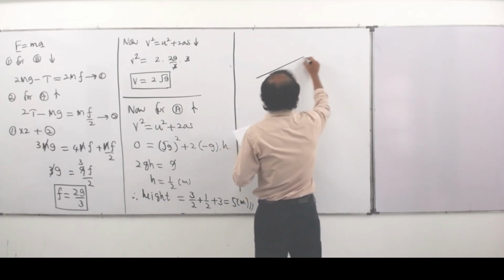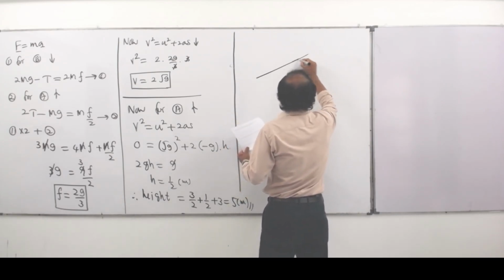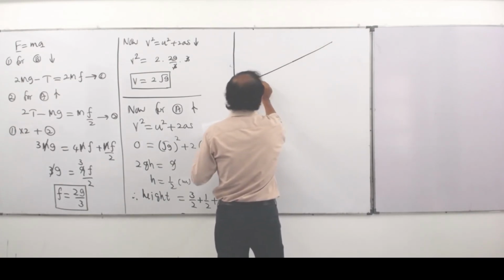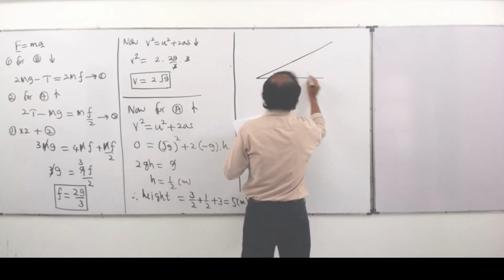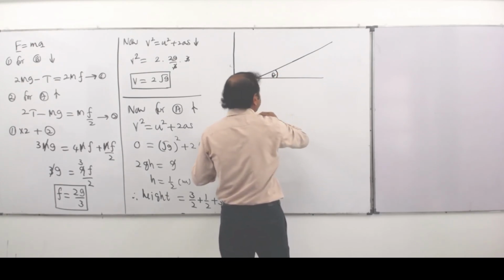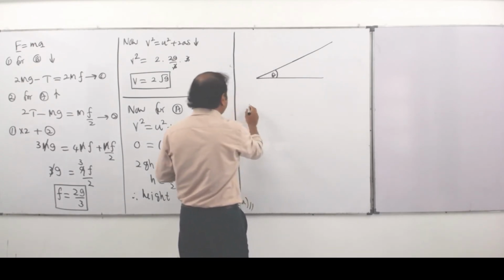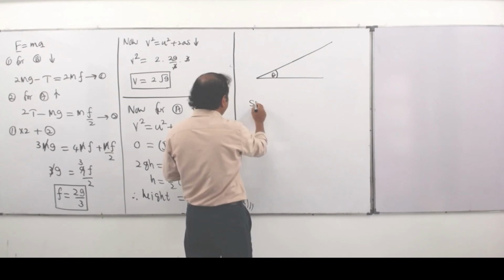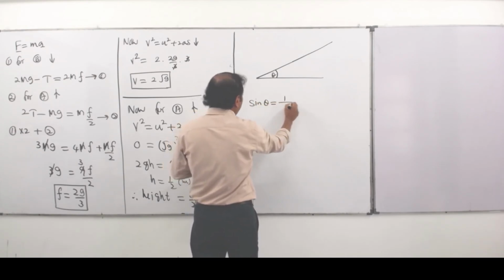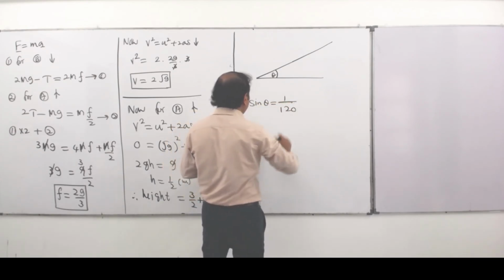Motor car this way, right? Theta. People, here 120 is to 1 means sine theta is 1 over 120. That's the meaning.